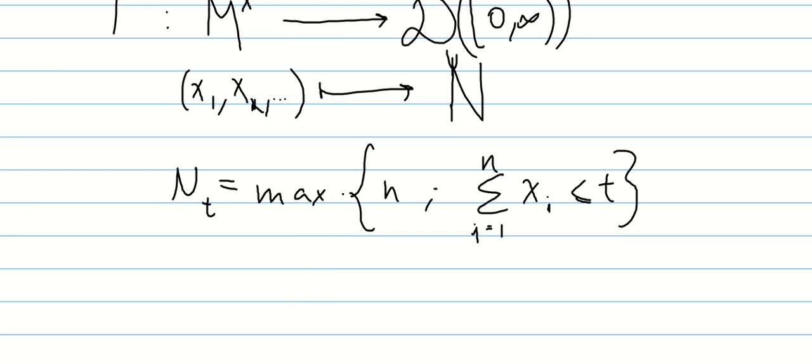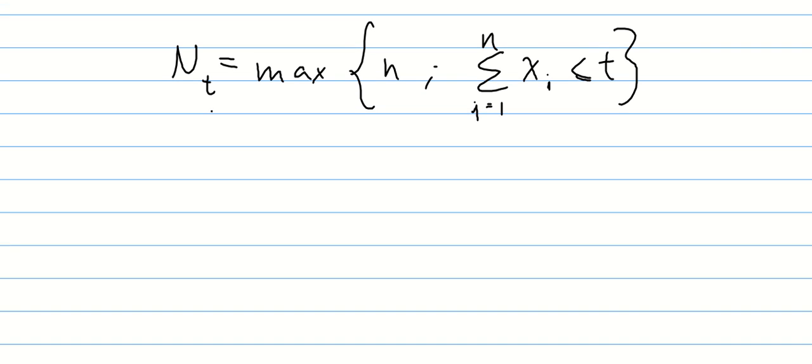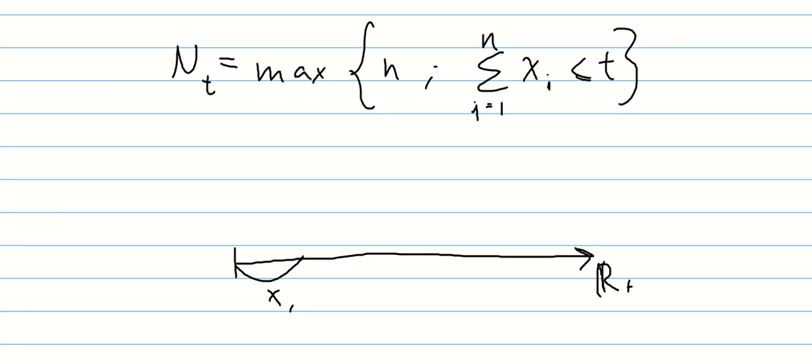So if we have here the line, let us make a picture of what this function N looks like. So we have the inter-arrivals x1, x2, x3 here, and you see if we take t equals 0, even if we have only one term in the sum, it's already bigger than 0. So this is going to be 0 at 0.